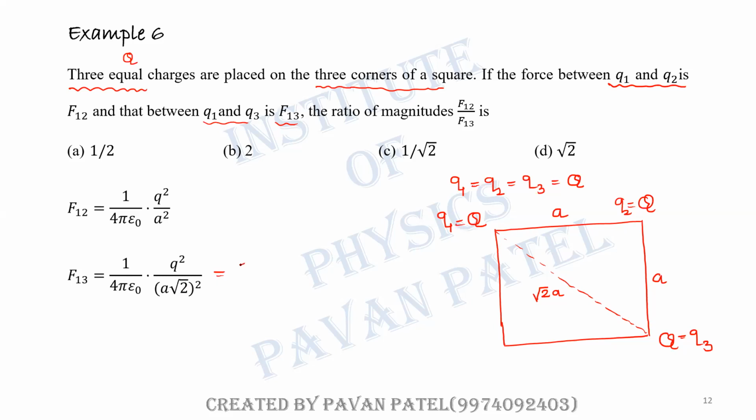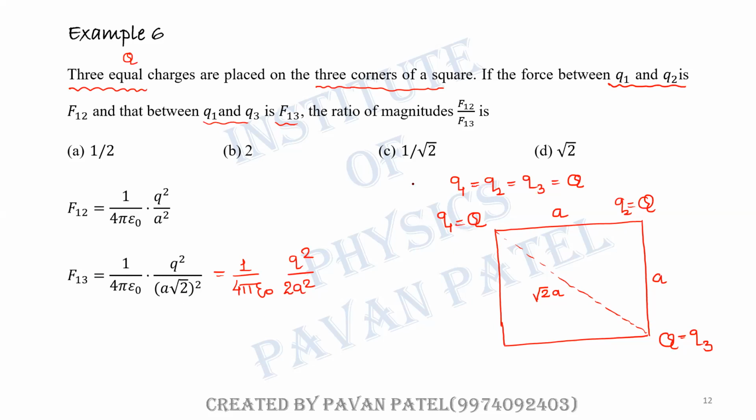So it becomes 1 upon 4 pi epsilon 0, Q square divided by 2 a square, because root 2 square is 2.